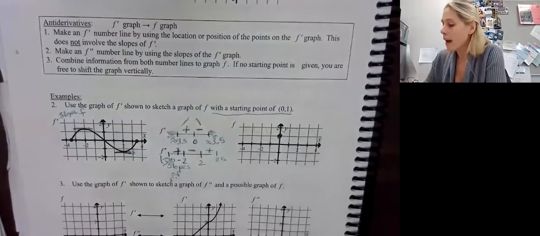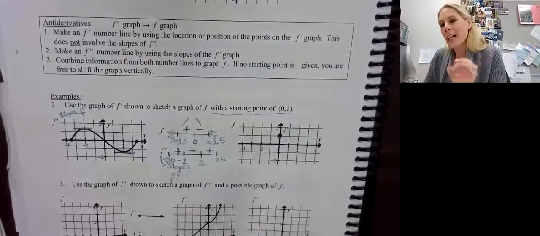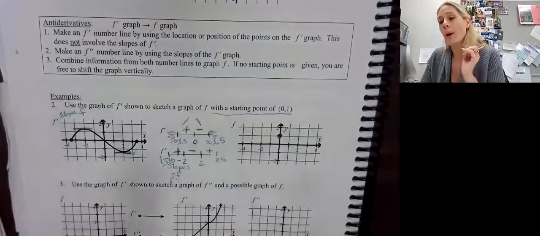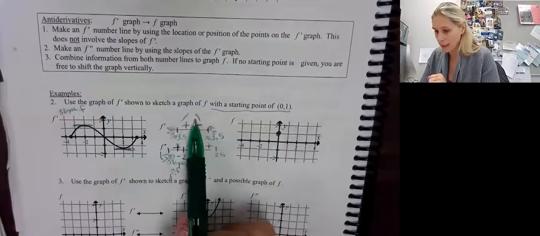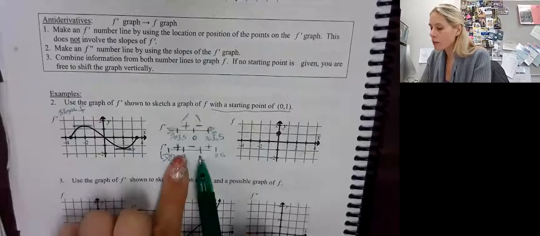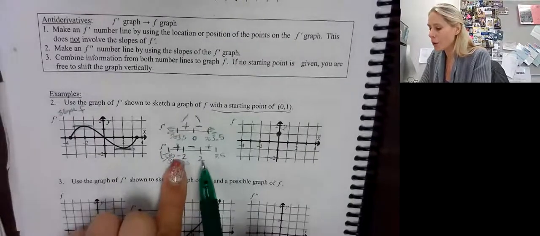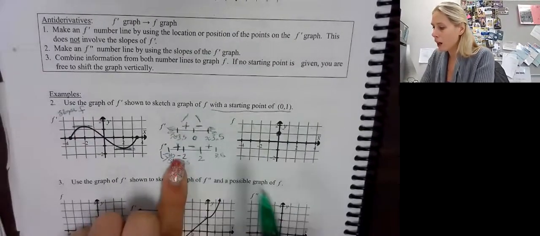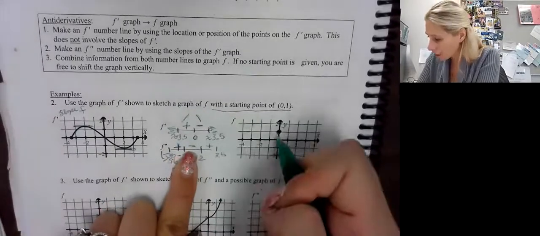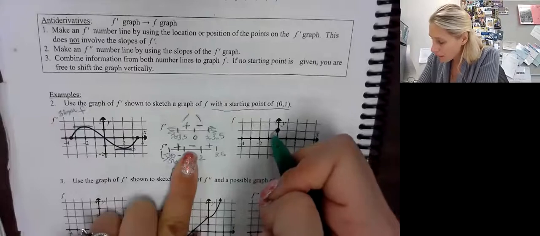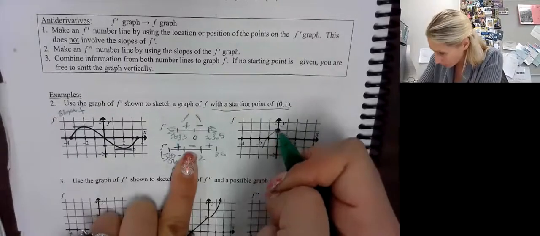Okay. Now, the only actual point that we can put on there that we know exists is this (0, 1). And we know it's a max right there. I also know between -2 and 2, we are concave down, right? f double prime means concave down. So I'm going to draw concave down.